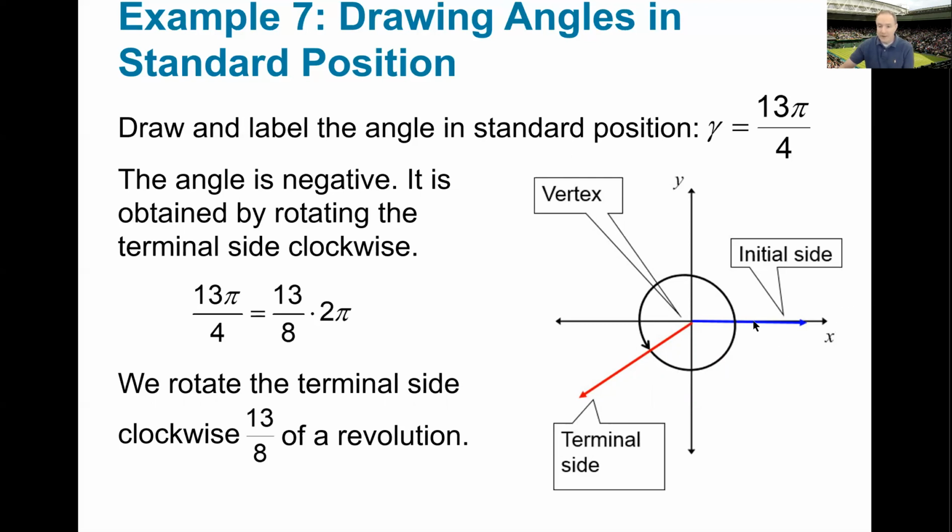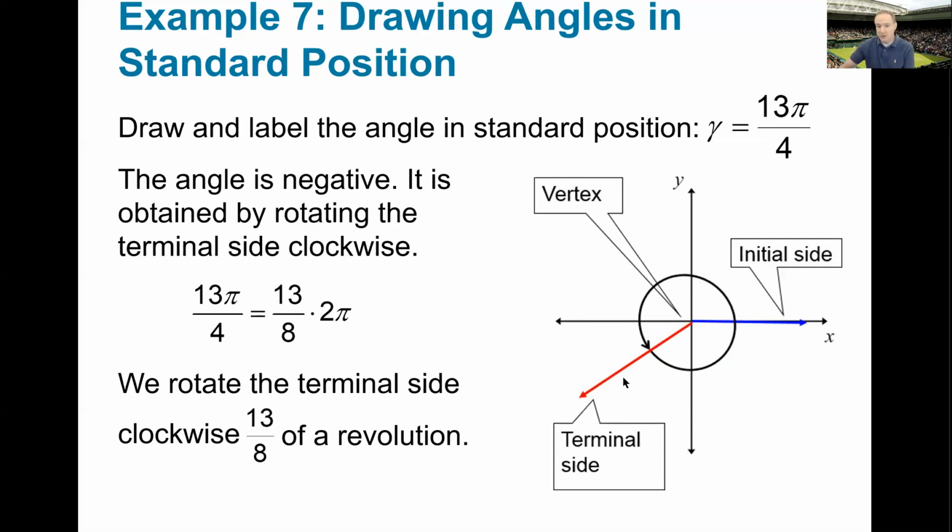So after I've rotated 8 pi over 4 to get back to this positive x-axis, 9 pi over 4 would put me in the mid part of quadrant 1. 10 pi over 4 would put me on the positive y-axis. 11 pi over 4 would put me at the midpoint of quadrant 2. 12 pi over 4 would put me at the negative y-axis. Finally, 13 pi over 4 puts me at the midpoint of quadrant 3.